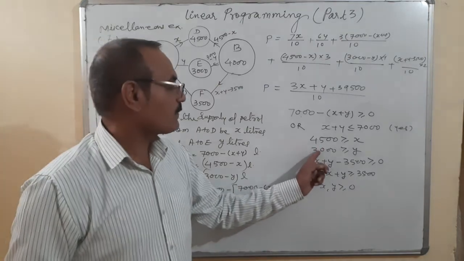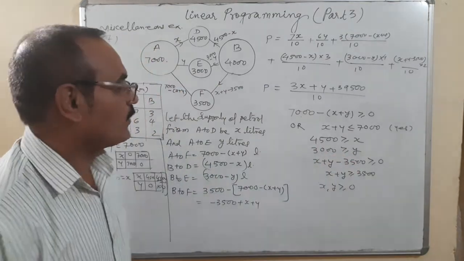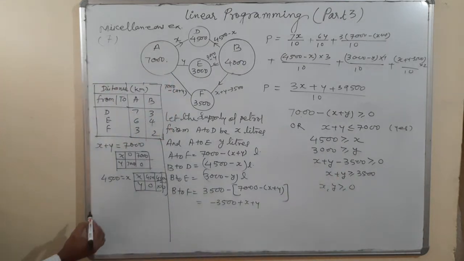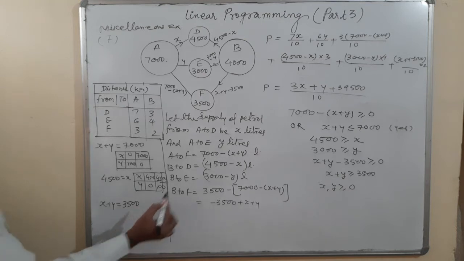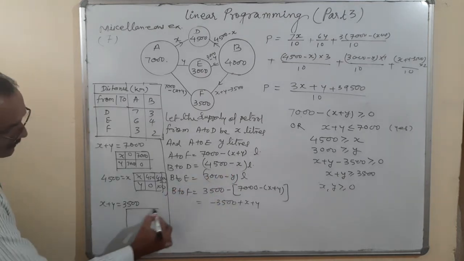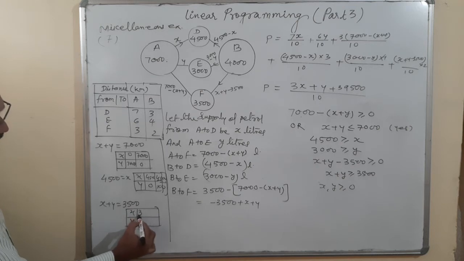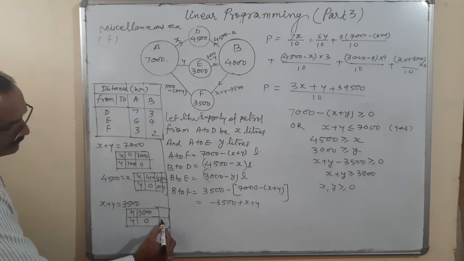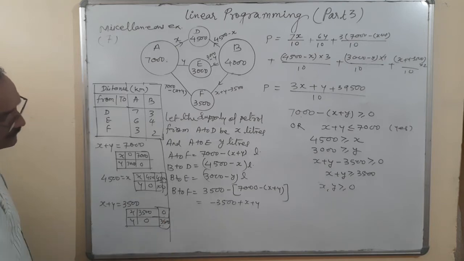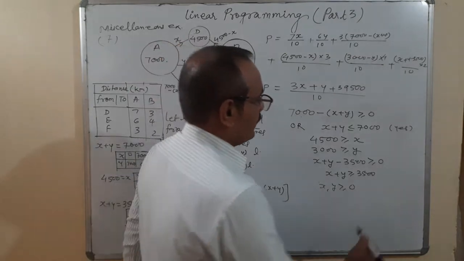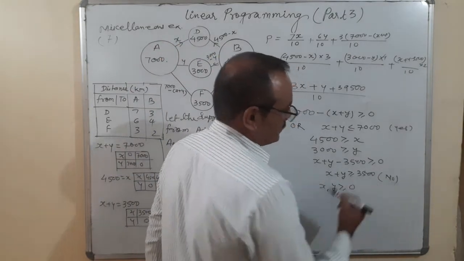Same as 3,000, y is 3,000. Now let us see this x plus y is equal to 3,500. Here what happened? x 3,500, y 0. If y is 3,500, x is 0. Does it contain origin? 0, 0 is greater than 3,500? No, it is not containing origin.